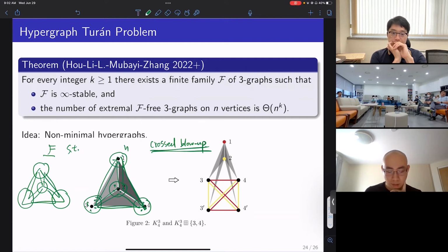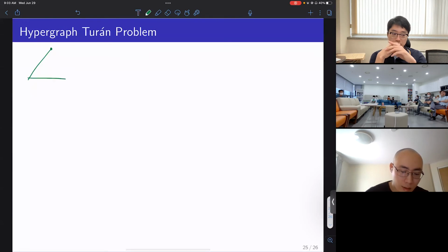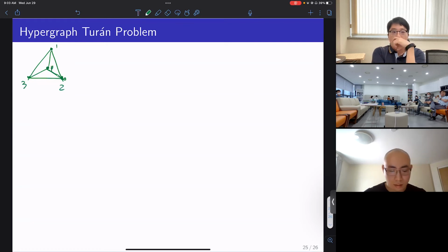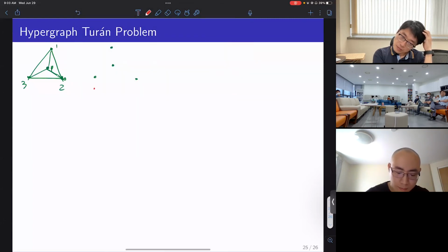What is the crossed blow up? Here is our tetrahedron. You can do it for basically any graph, not just this four-vertex graph. I blow up this graph in the following way. First I copy 2 and 3. Let's label this 1, 4, 2, 3.